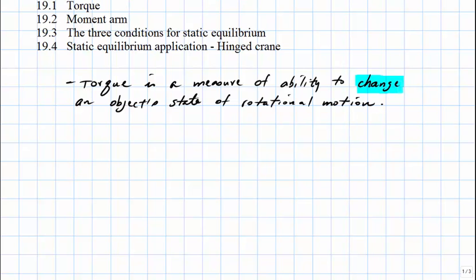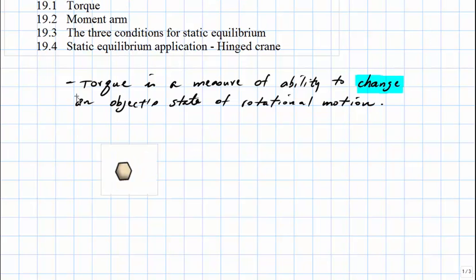According to Newton's first law, an object in motion tends to stay in motion, and an object at rest tends to stay at rest. And this applies to one-dimensional motion, two-dimensional motion, as well as rotational motion. And so, in order to change an object's state of rotation, torque must be applied. Let's now explore the mathematical definition of torque.